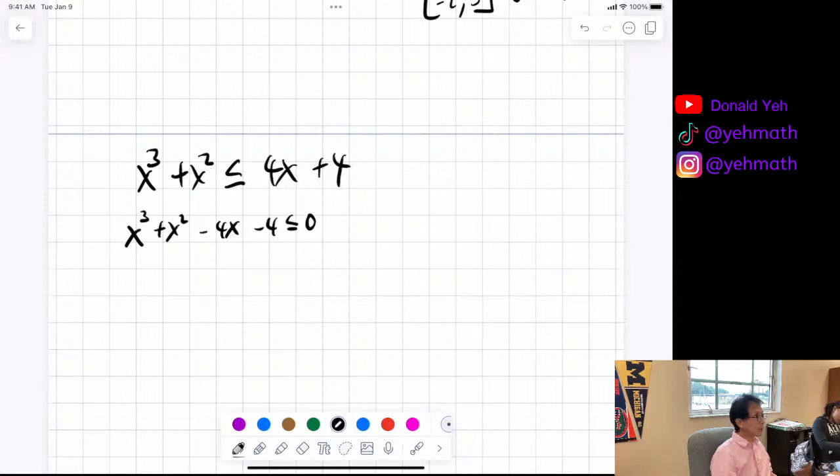My goal is set the equation, set it equal to 0 first. I'll parentheses the first 2 terms, parentheses the second 2 terms. I factor out x squared. I factor out a -4 here, so that's going to be x plus 1.